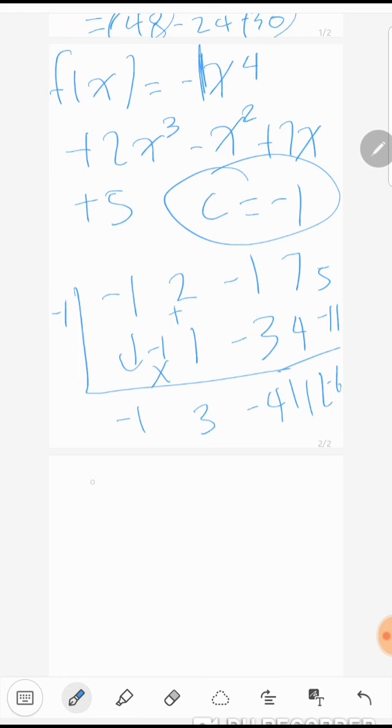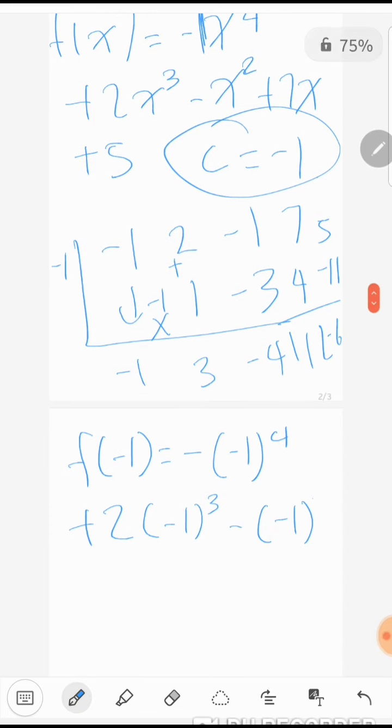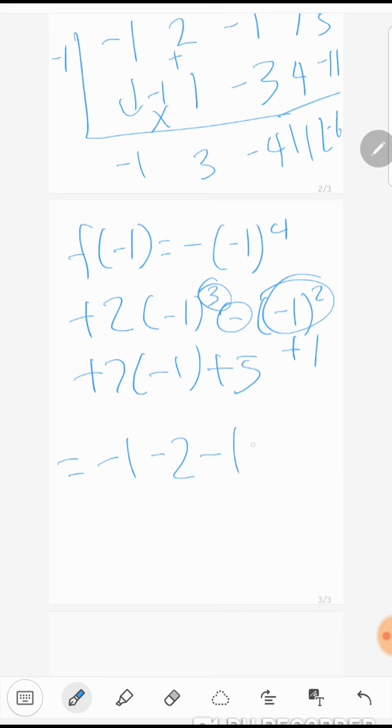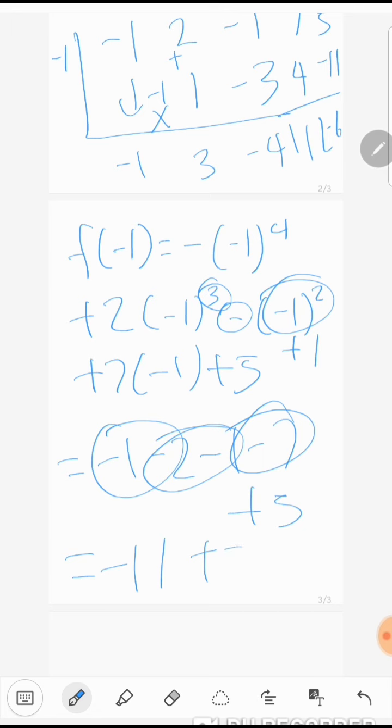So just to check, we can do that. I usually don't write like this because it's really a waste of time. So that will give me negative 1 minus 2, because that's an odd number, then that's an even number, so that's plus 1, and then there's a minus in front, so minus 1, minus 7 plus 5, so that's minus 3, minus 4, minus 11, plus 5, minus 6.